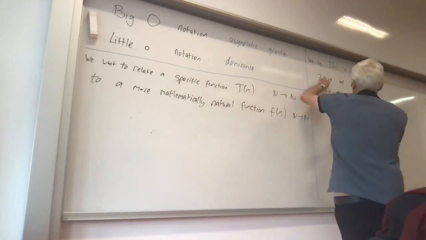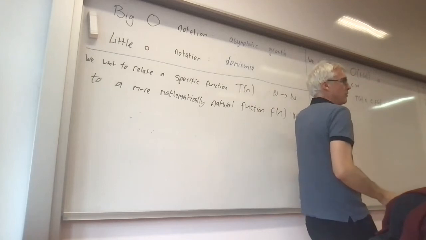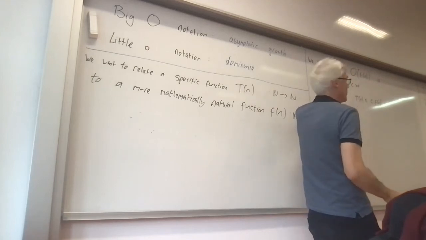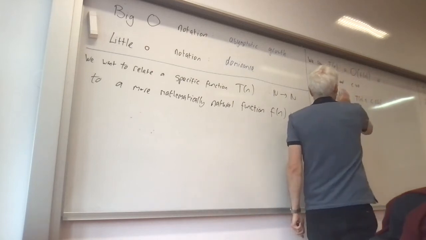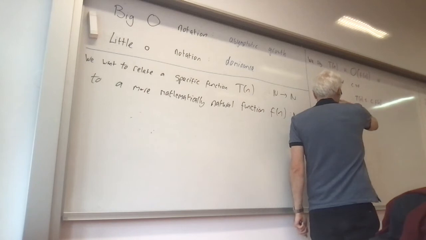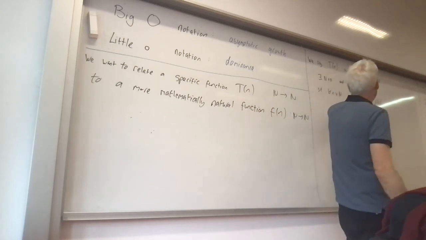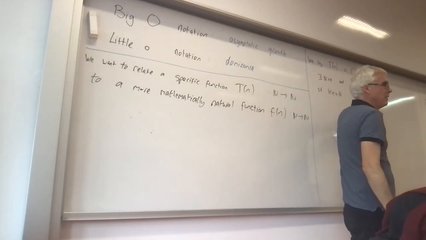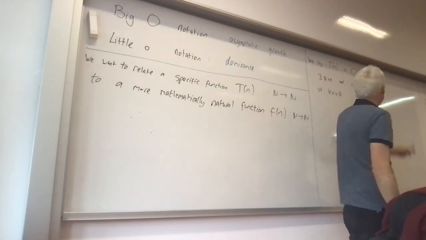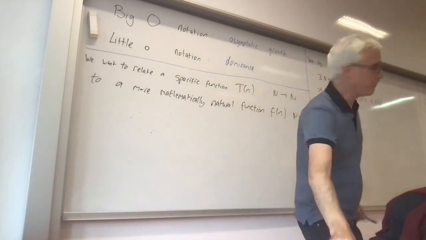So the point of big N is, apart from on some initial period, which is the numbers smaller than N, it holds that the function T is below a constant multiple of f of n.